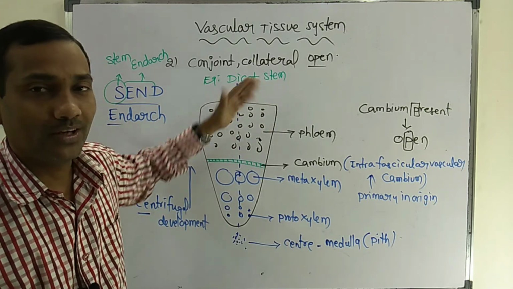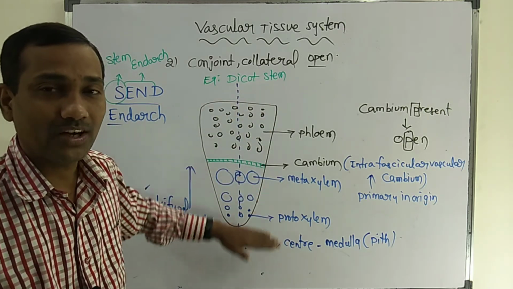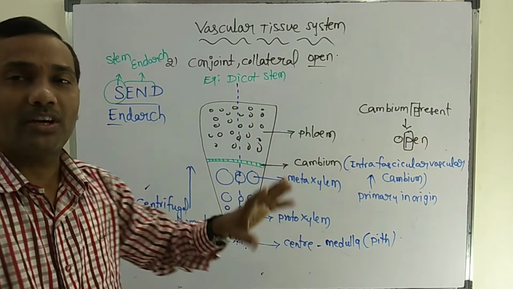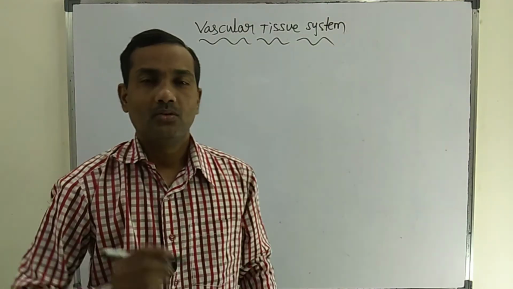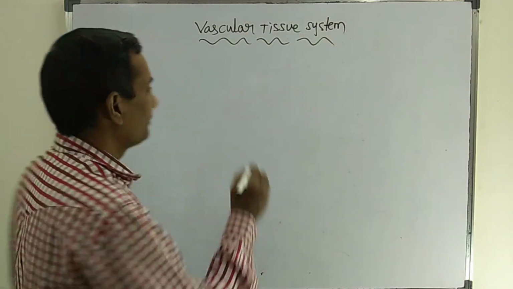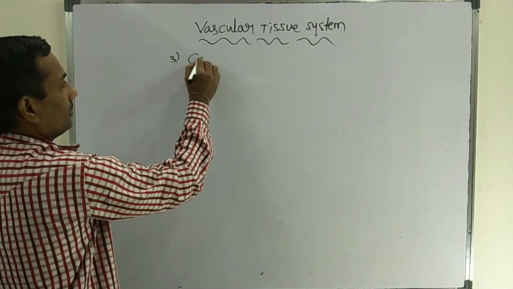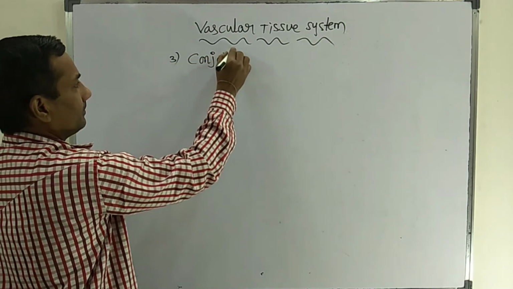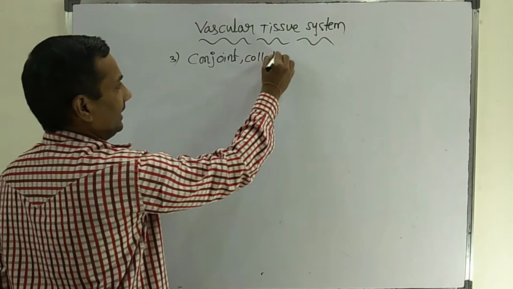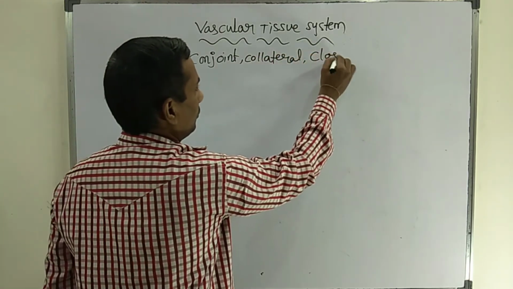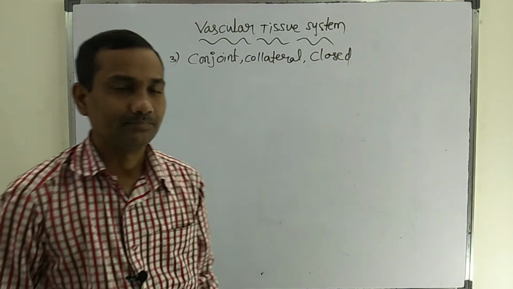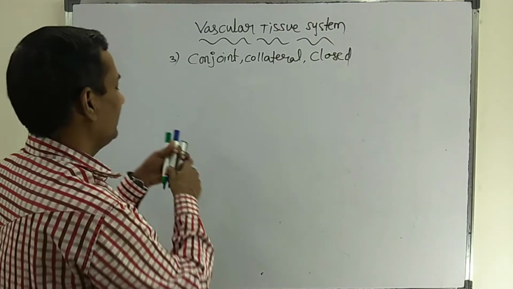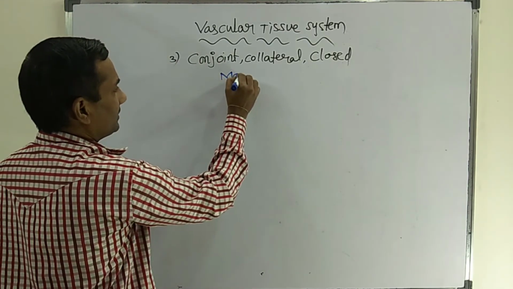So ectophloem, endoxylem: xylem located towards center, phloem located towards periphery. The third type of vascular bundles is conjoint collateral closed vascular bundles. It can be seen in monocot stem.